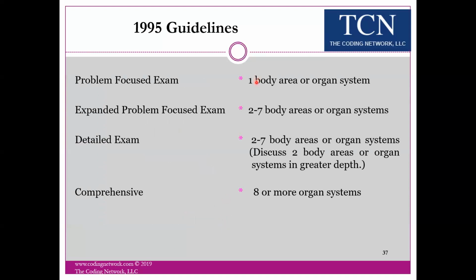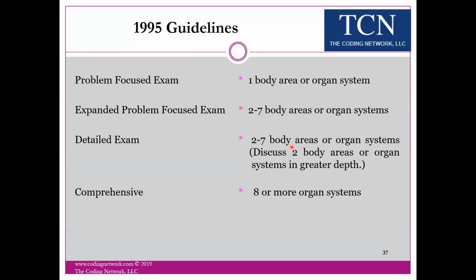So the 1995 exam, where auditors have problems, is what's the difference between an expanded problem-focused exam and a detailed? Because that certainly could make the difference between the level of service if you're counting the exam portion, particularly in the follow-up visits.